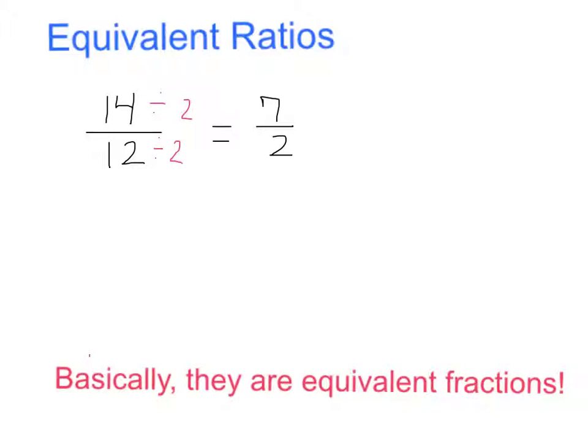So basically what I'm going to deal with here is equivalent fractions. If I had a 3:4 ratio, I could multiply by 4 and say, well, what happens when I have 16 of something? I would have 12 of something. So basically we're working with equivalent fractions here.